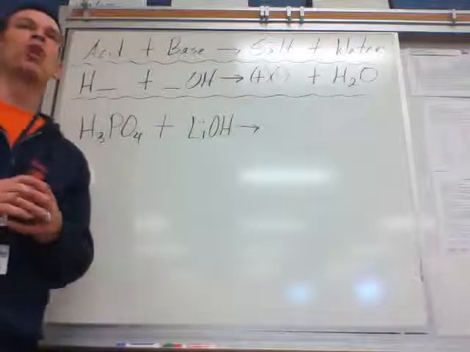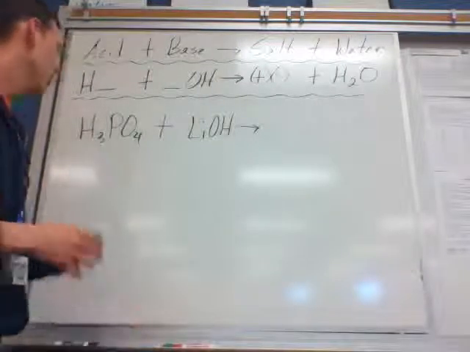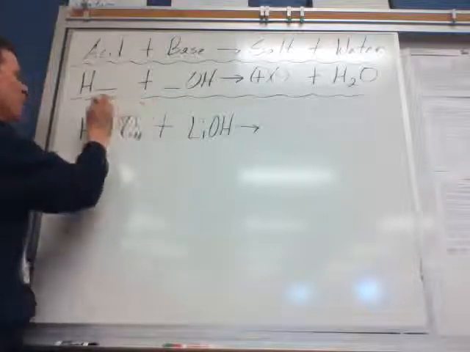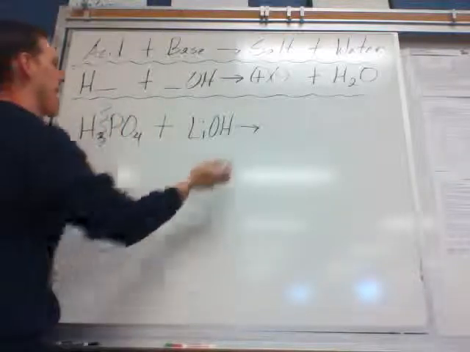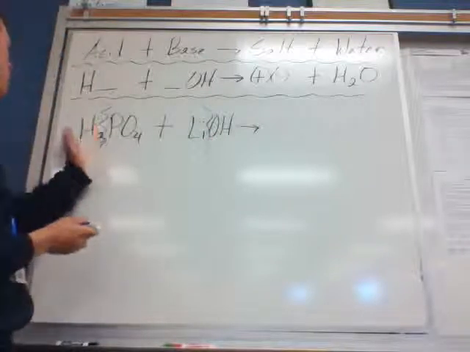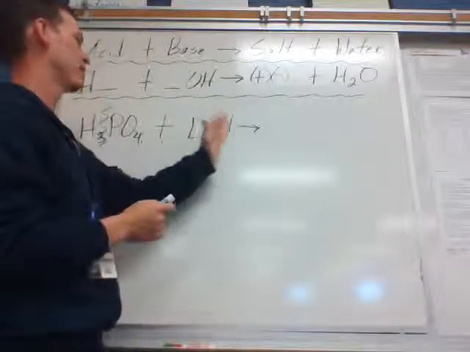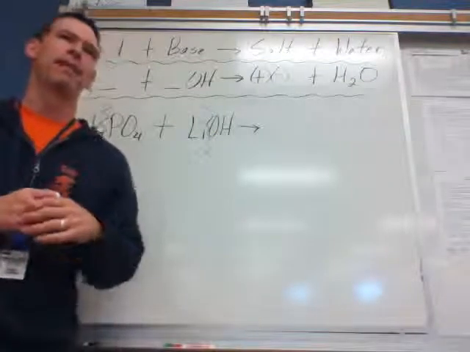In order to predict the products, we're going to do what's called an ion swap. If I were to divide these compounds in half, I would divide them there. We have H on one side bonding with phosphate for my acid, and lithium on one side bonding with hydroxide in my base.